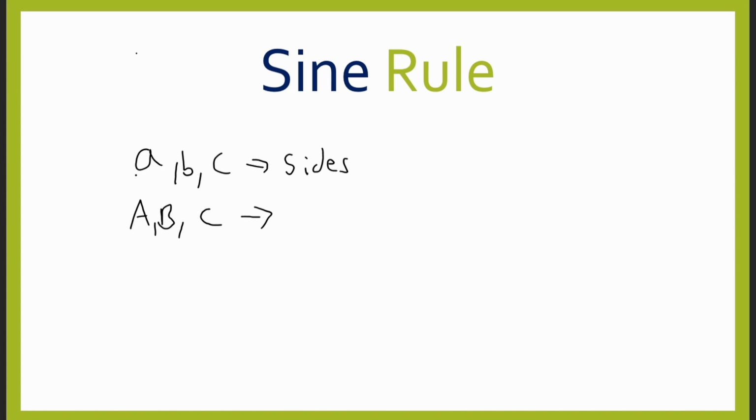So for example, you have a length a, and opposite that length is the angle uppercase A. They both correspond. The b and opposite b is the angle B.